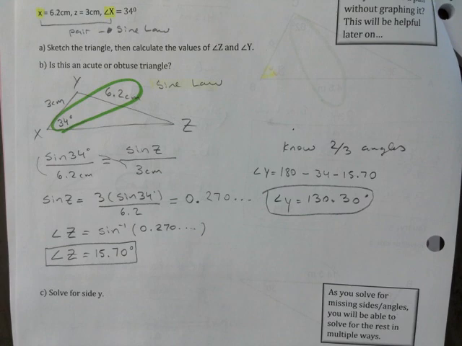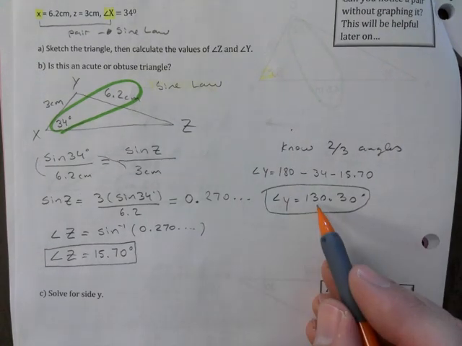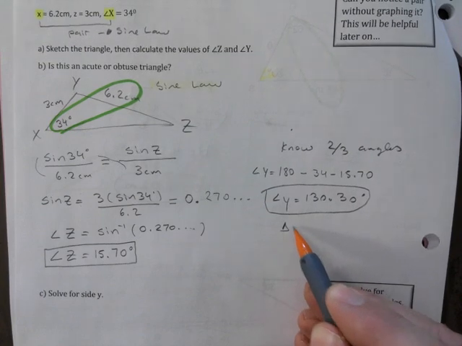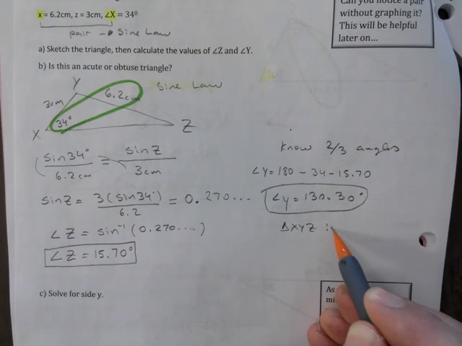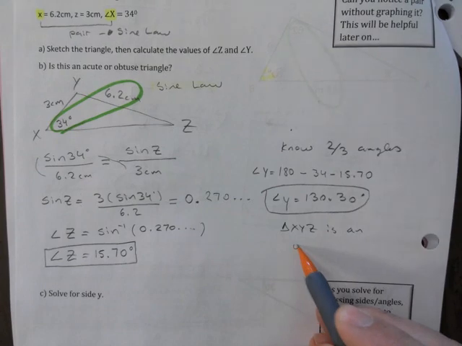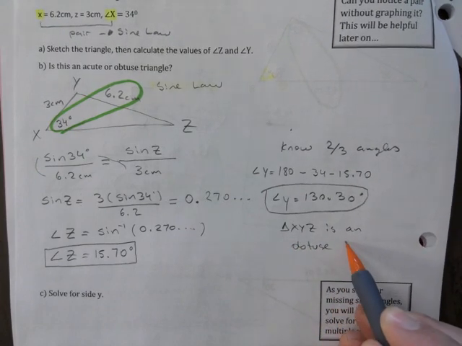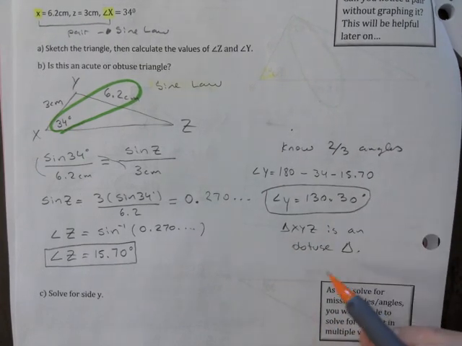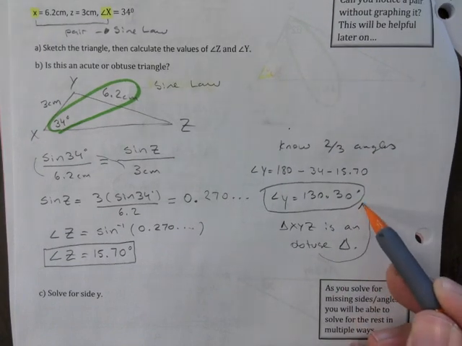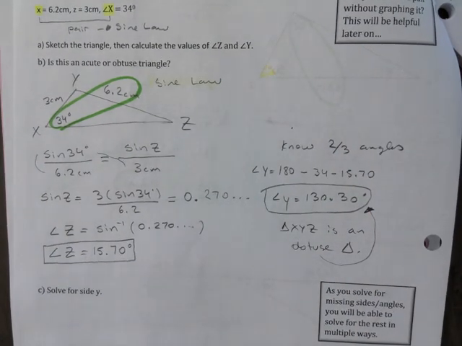Is it acute or obtuse? I think this gave it away, right? Triangle XYZ is an obtuse triangle because of that. So we're able to classify it as well.